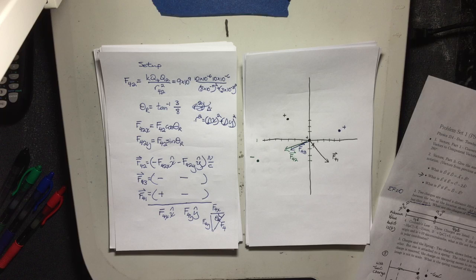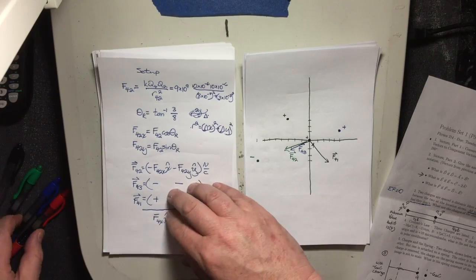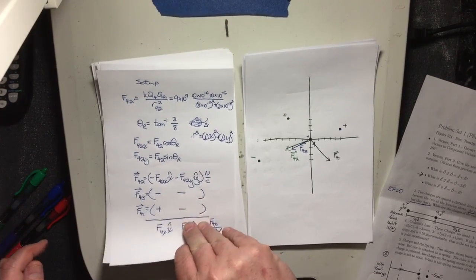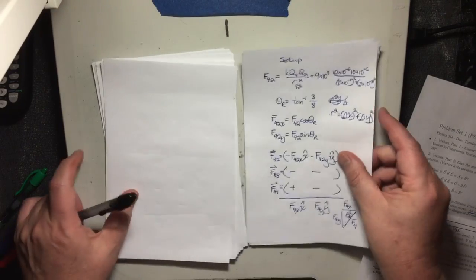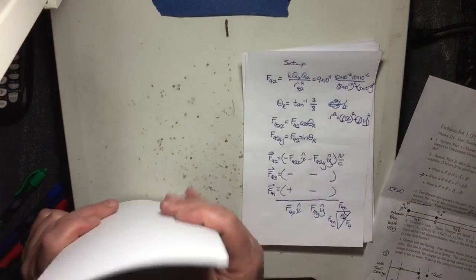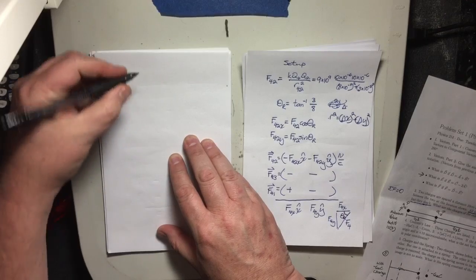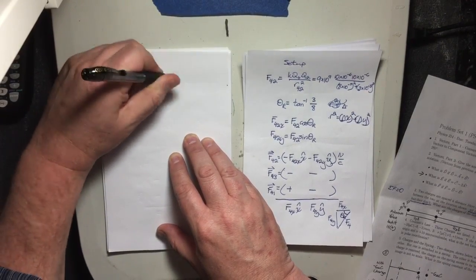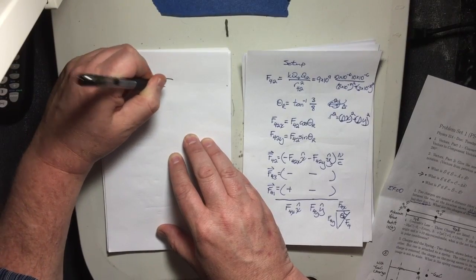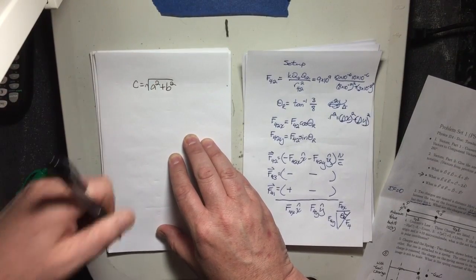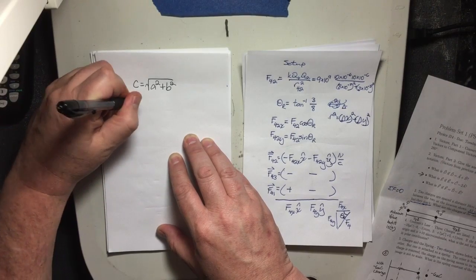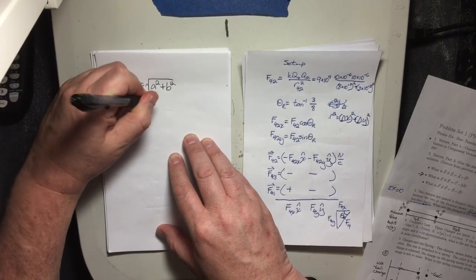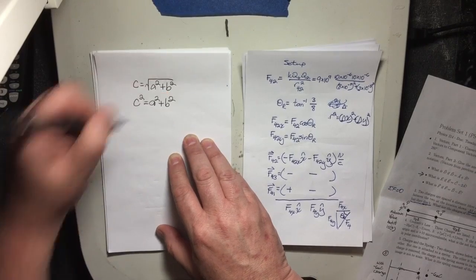Yes? Is it not r squared squared? No. Because of the Pythagorean? No. Would you care to explain, Dr. Eschenberg? I'd love to. The Pythagorean theorem, the thing that we do is we understand that c is the square root of a squared plus b squared. But what happens when you square both sides? c squared is a squared plus b squared.